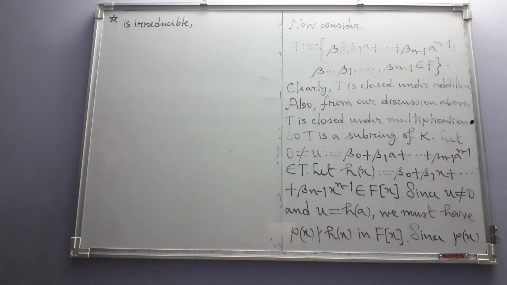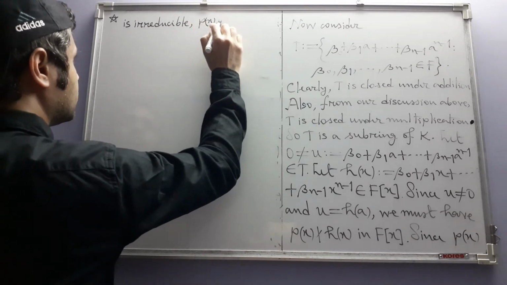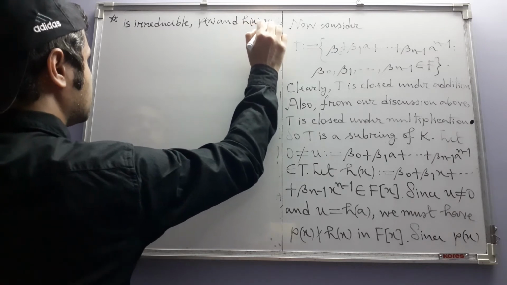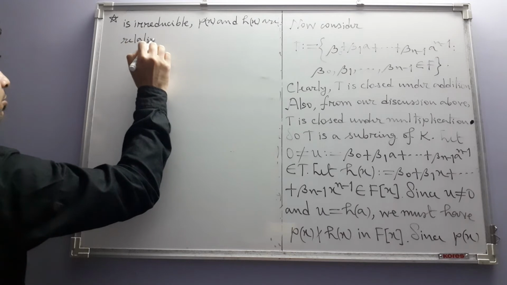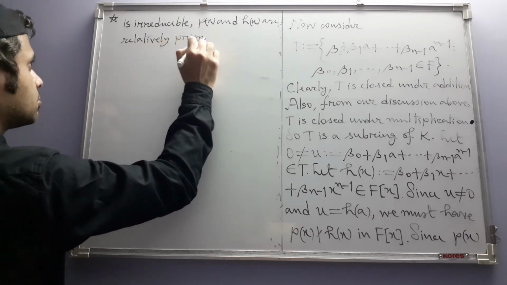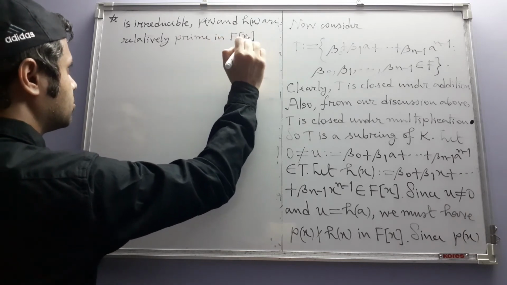So they are relatively prime. P(x) and H(x) are relatively prime in F[x].